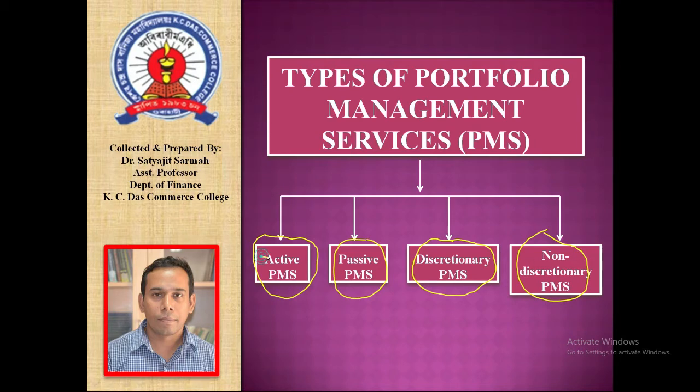Active portfolio management services: while providing this type of service, portfolio managers are actively involved in buying and selling of securities to procure maximum profits. Passive portfolio management services: in passive portfolio management services, the manager deals with a fixed portfolio which is designed according to the current market scenario.